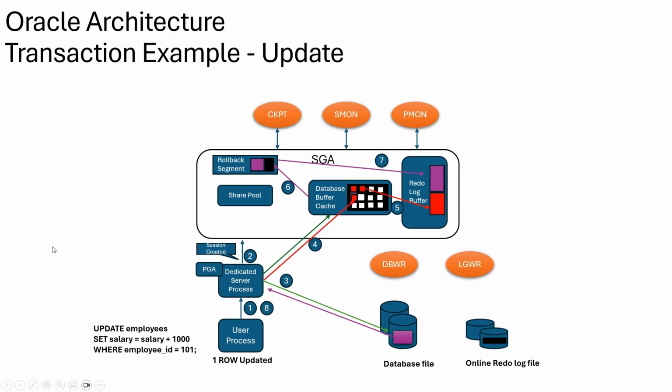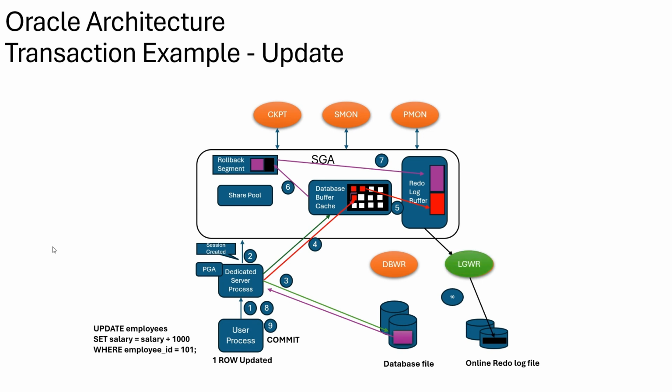How did it come? Because the redo log buffer information is written to the redo log file. When I give a commit, it invokes the log writer first. The log writer writes the information from the redo log buffer memory structure to the redo log file, the physical file.